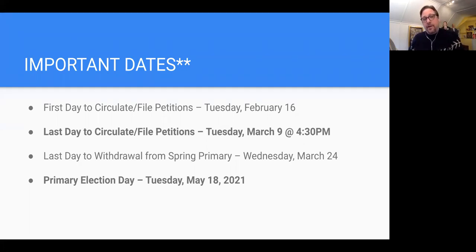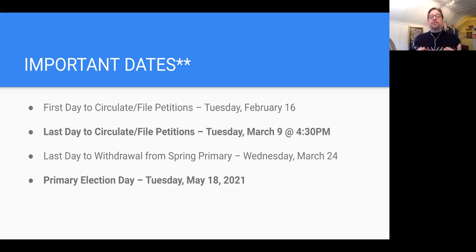So you'll need to file your nominating petitions with the county, but you'll need to make sure that statement of financial interest reaches the state ethics office in Harrisburg by 4:30 on March 9th. You'll want to get that in the mail early or overnight it. I would recommend sending it as registered certified mail as well to verify that they have received it. Otherwise, you'll be doing all of that work locally, and there will be a record of your submission as well.